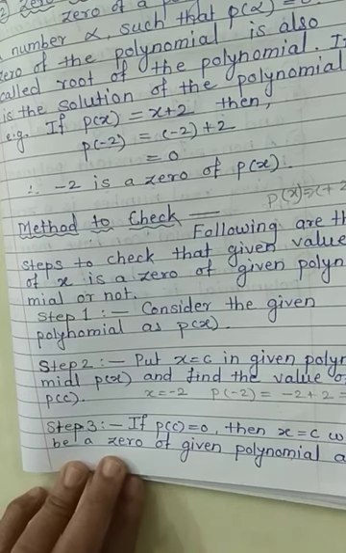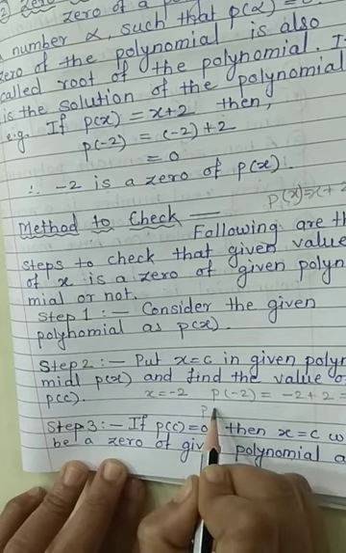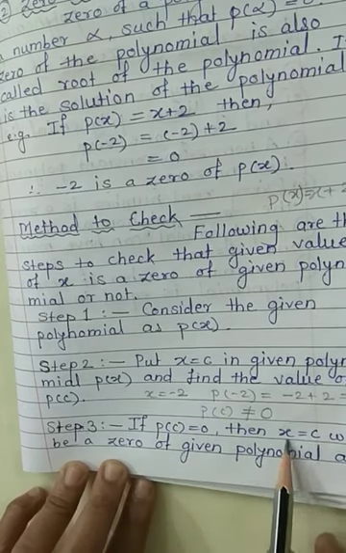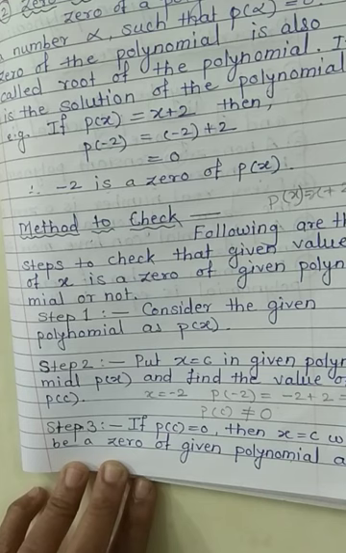If P of c is not equal to 0, then x is equal to c will not be a 0 of the given polynomial. That means for a 0 of the polynomial, the value of the given polynomial must be equal to 0 by putting the value of that variable.